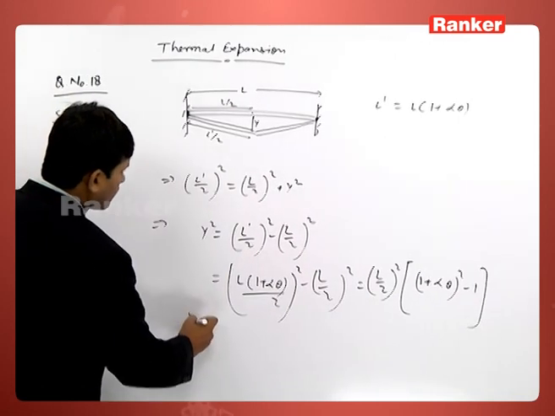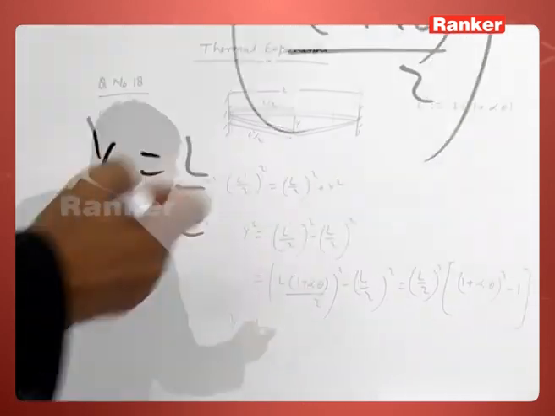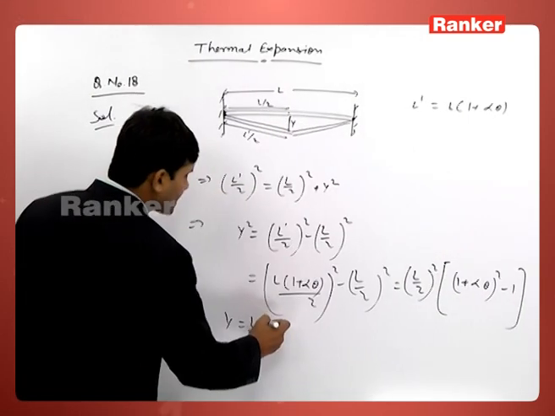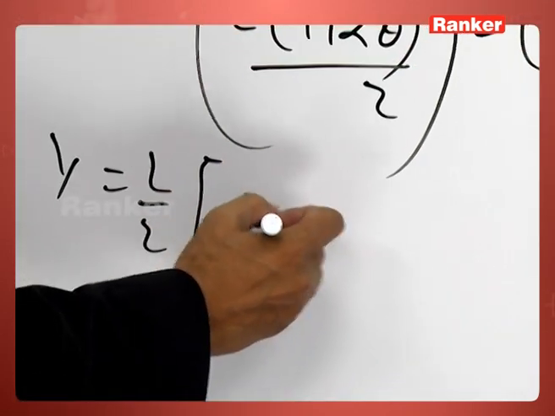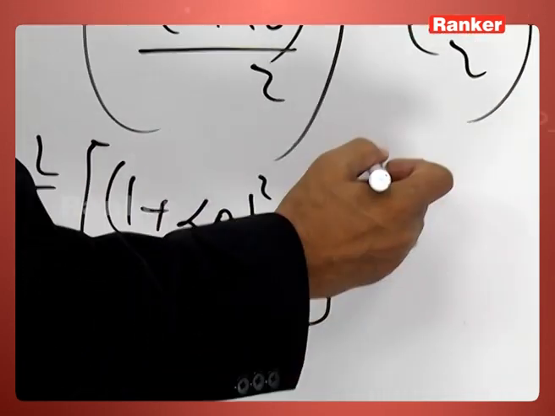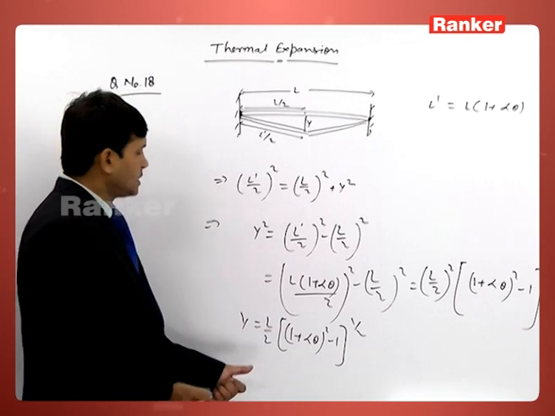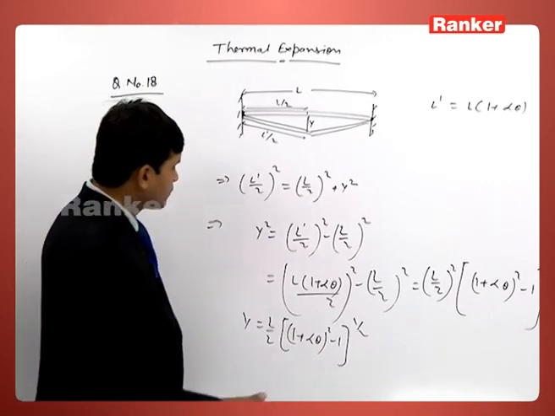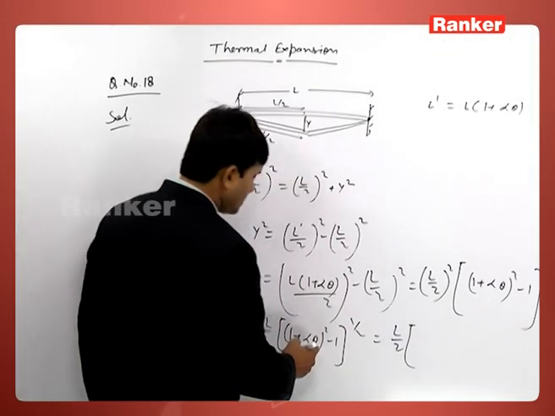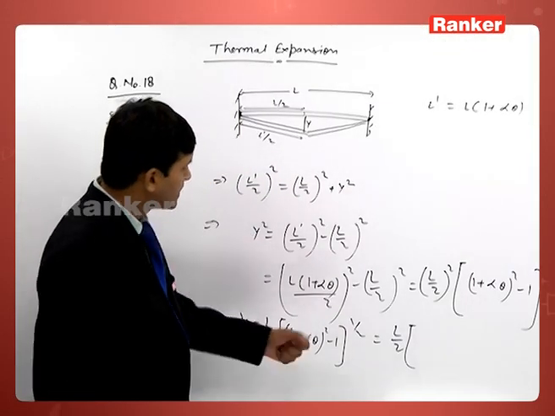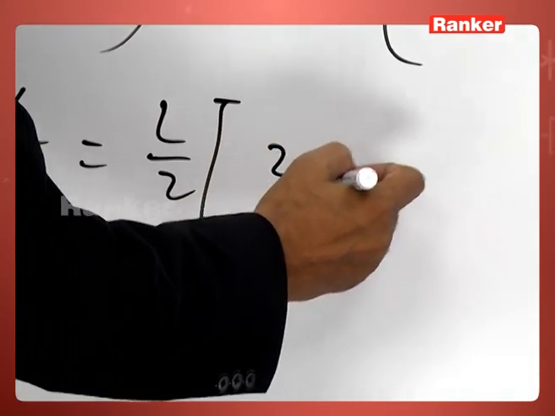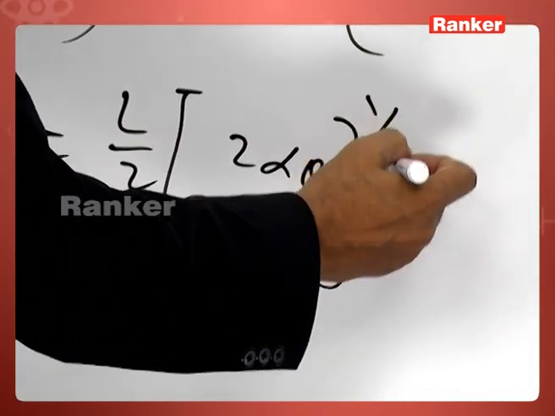Now, so y is your L/2 times (1 + αθ)² minus 1, to the power 1/2, and this we can expand binomially. So this is L/2 times (2αθ) to the power 1/2.